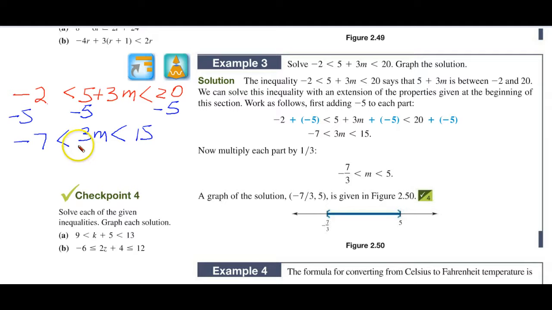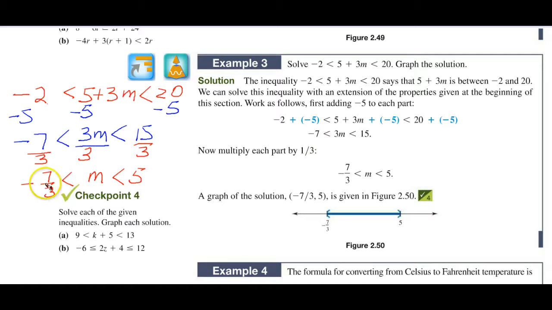Now to solve for m by itself, we're going to divide each term by the numerical coefficient of m, which is 3. So we then get a negative 7/3 is less than m is less than 5. And that's what we get here. So I like it this way. Here they're doing it horizontally, and that's okay too.